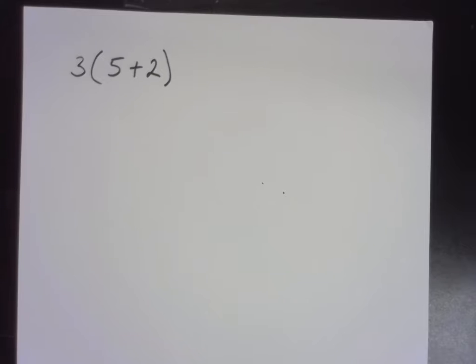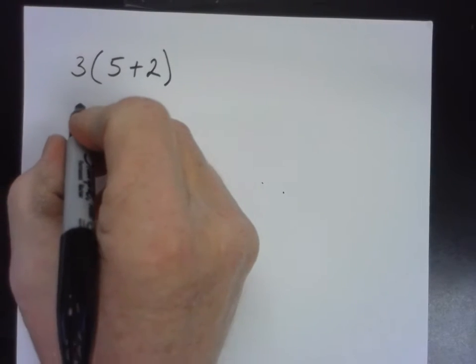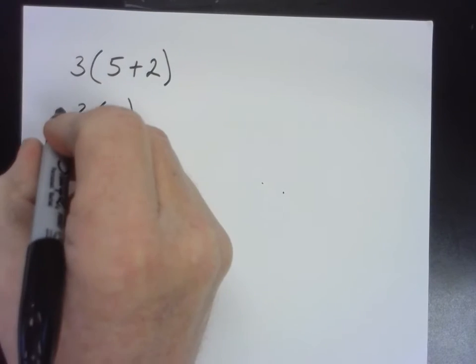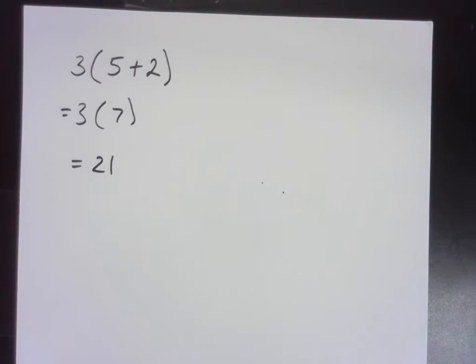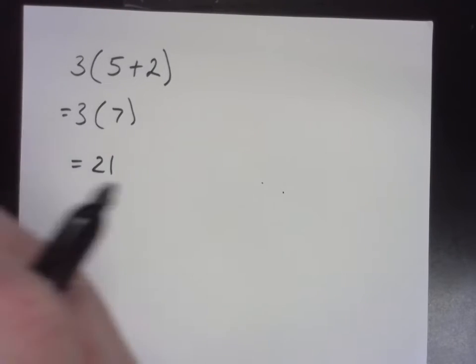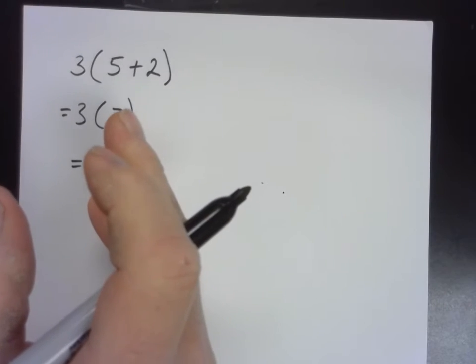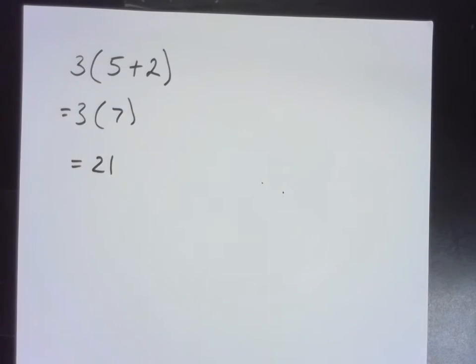Okay. How are you doing it? Okay. And then, okay. Anyone in the world that sees that problem, that's what they should do. Simple, do what's inside the parentheses, then multiply, you got it, right?